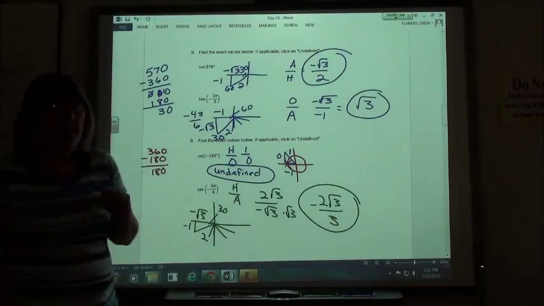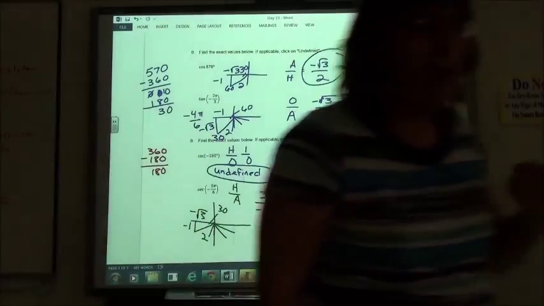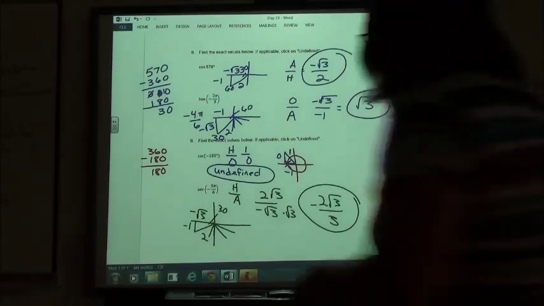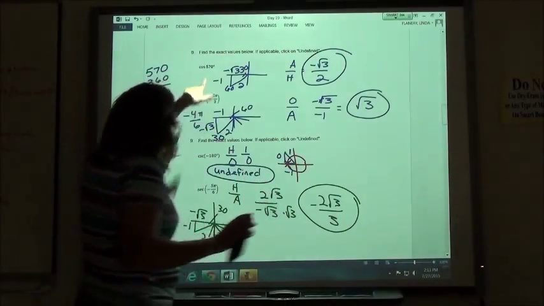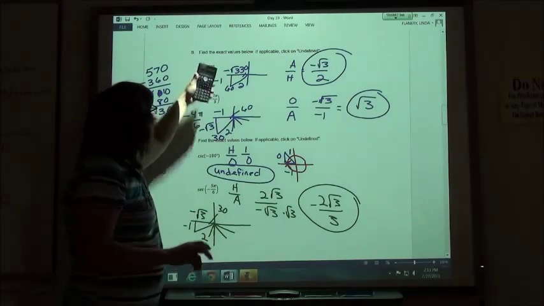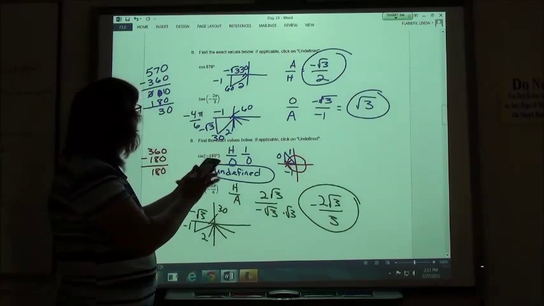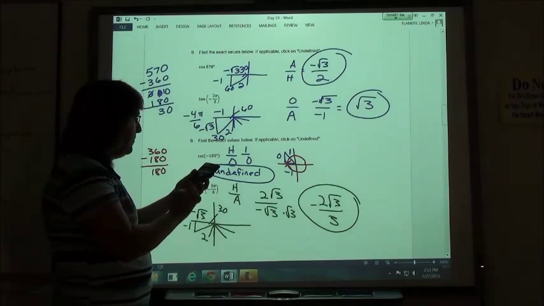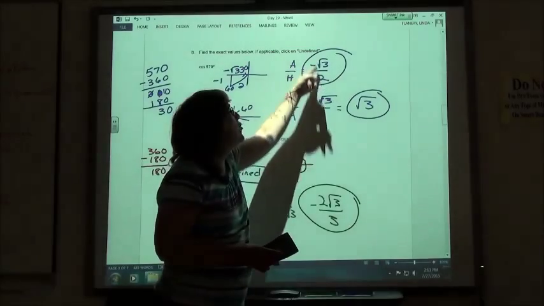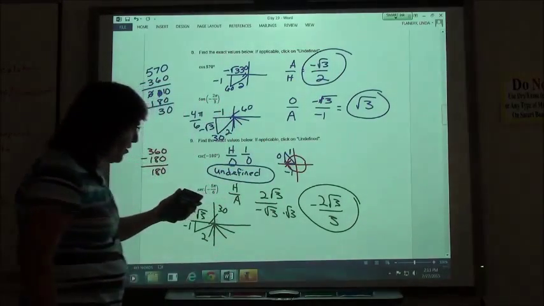By the way, on some of these you could use your calculator. I haven't mentioned that before. But sine, cosine, and tangent, if I have the degree measure, I could use my calculator. If I put in cosine of 570, it doesn't give me a very nice answer because I had this square root of 3 over 2, or negative square root of 3 over 2.